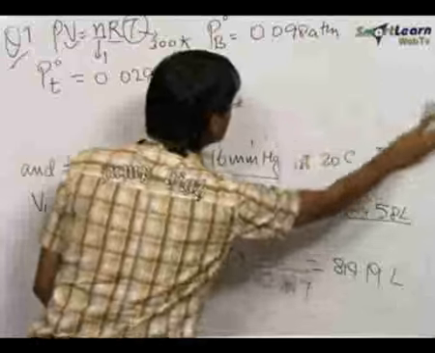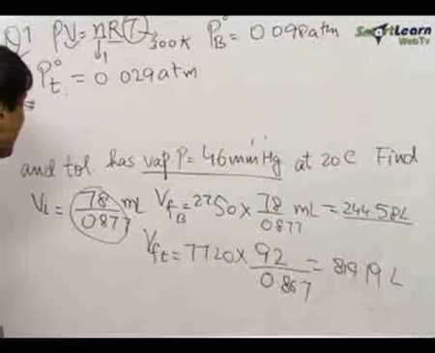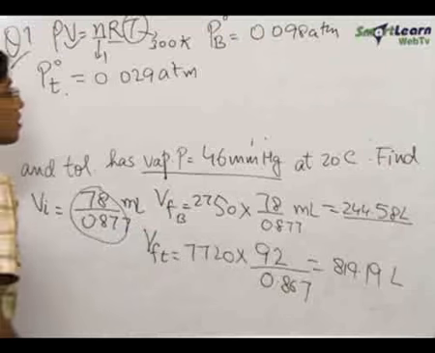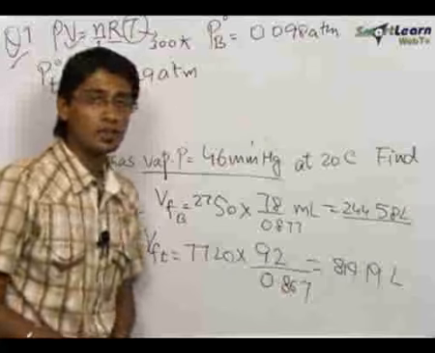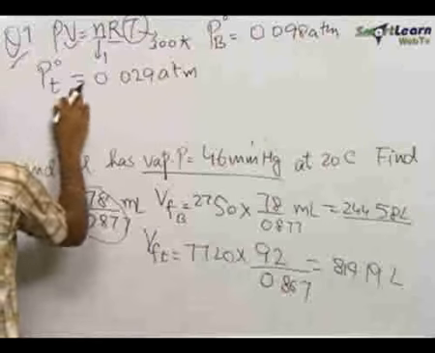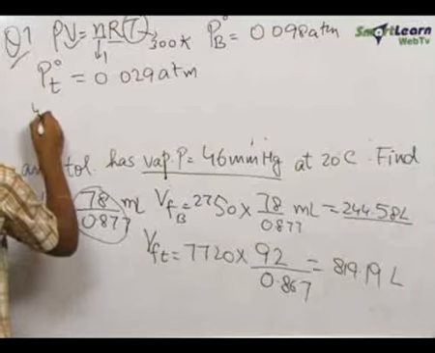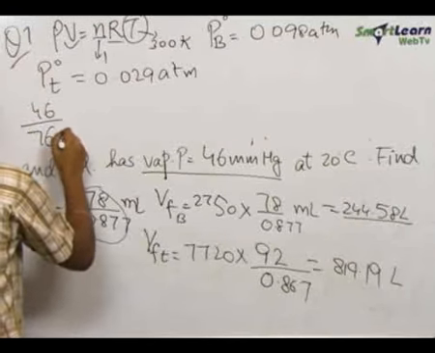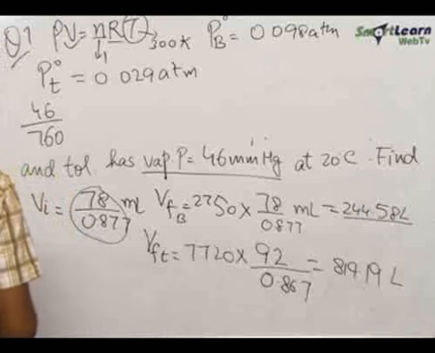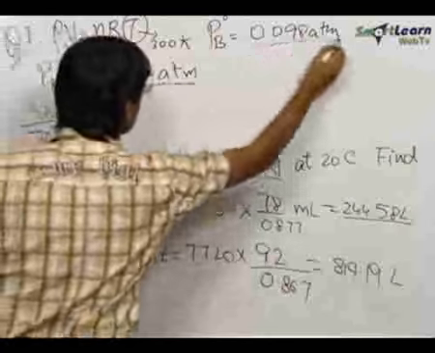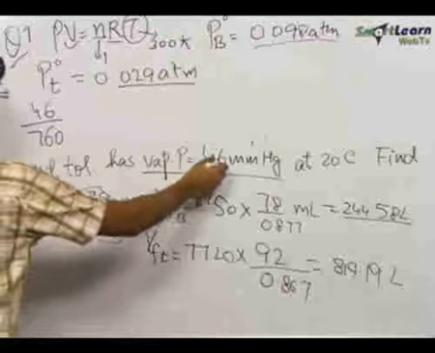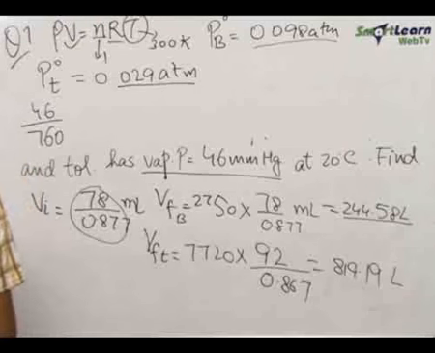Now it is given that a solution of benzene and toluene has a vapor pressure of 46 millimeters of mercury. So if the total pressure is 46 millimeters of mercury, let us say it is 46 upon 760 atmospheres. Since these are both in atmospheres, we convert this also to atmospheric pressure by dividing by 760.